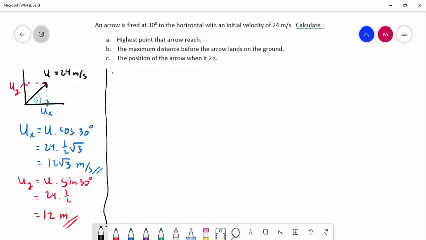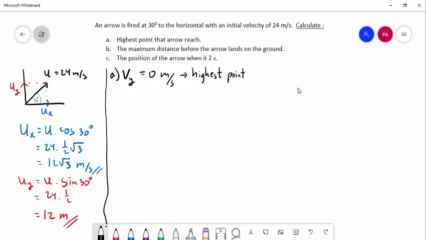Question A, the highest point that the arrow reaches. At the highest point, we already know that the y velocity is 0, because it's at the peak point.